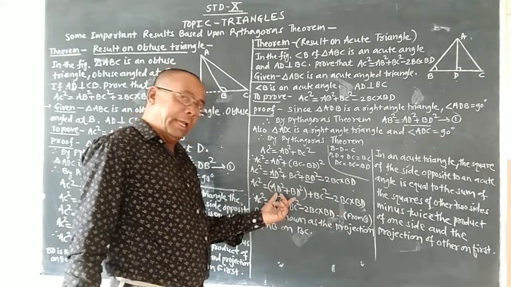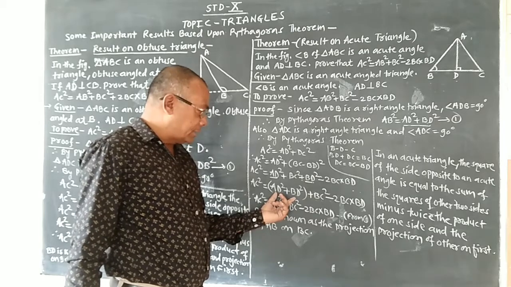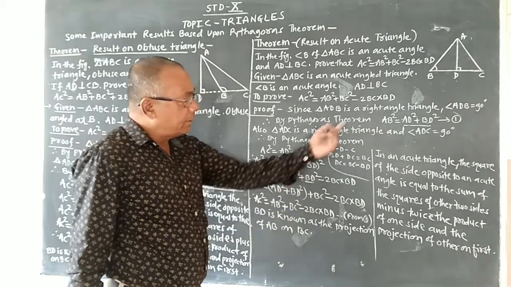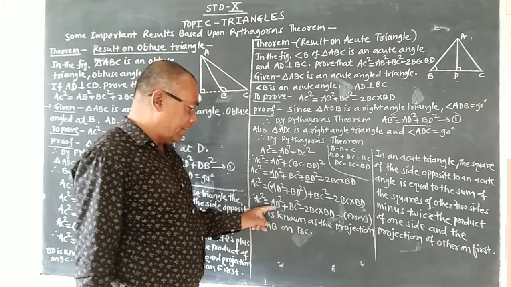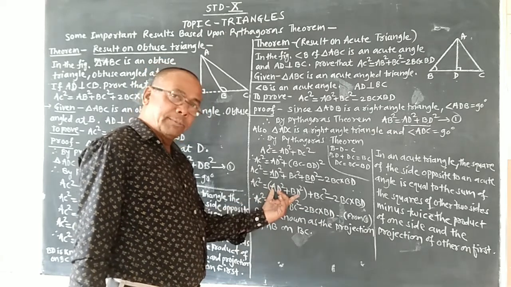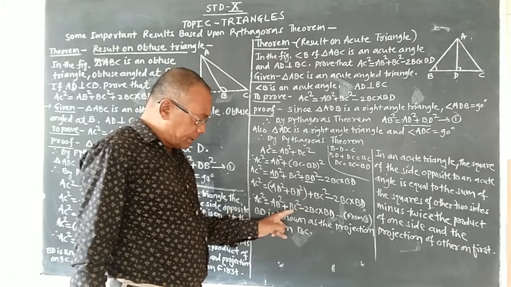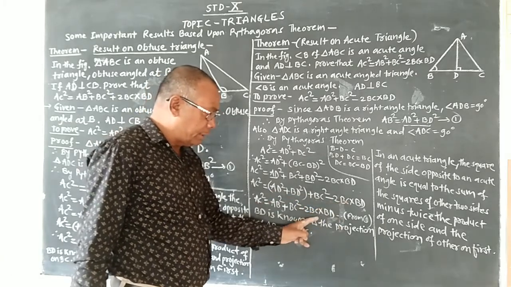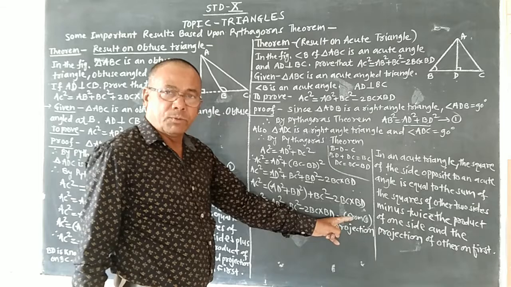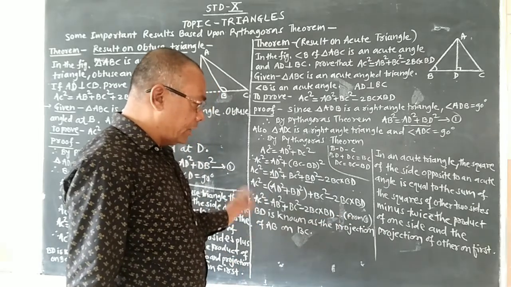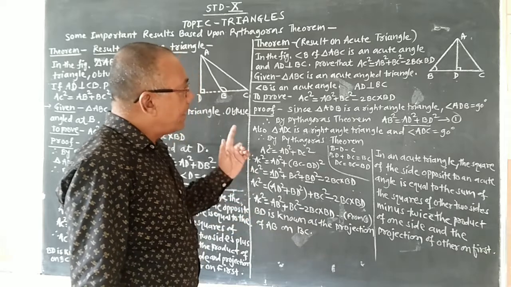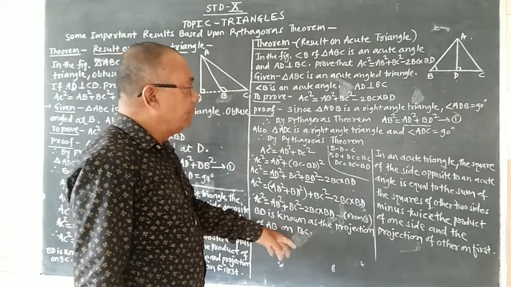Here we have to substitute the value of AD square plus BD square, and that is AB square. So we can write here AC square is equal to AB square, the value of this bracket, plus BC square minus 2BC into BD. We can write from equation 1, and here BD is again known as the projection of AB on BC.